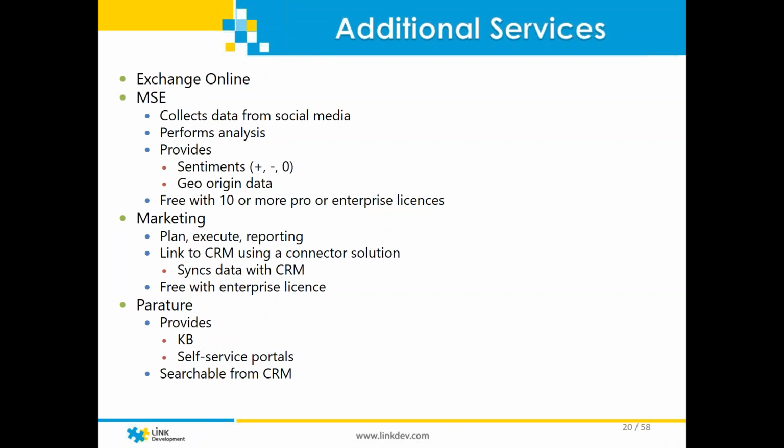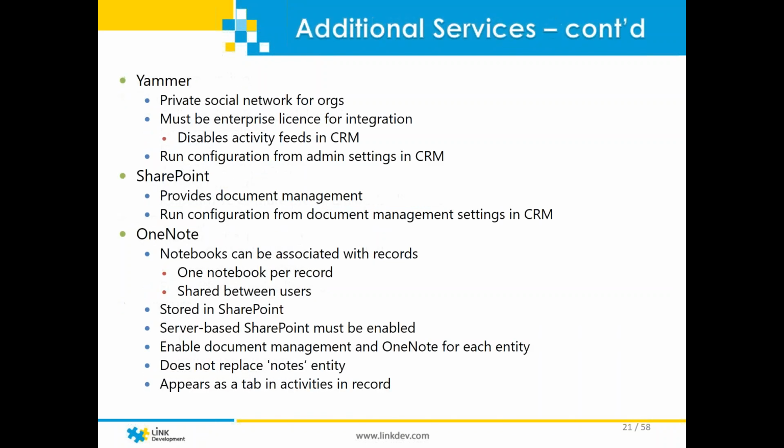So, as we have said, CRM Online, and Office 365 in general, provides a lot of services, including CRM, and additionally there are some more services like Exchange Online. I have described Microsoft Social Engagement and Parature. There is also Yammer.